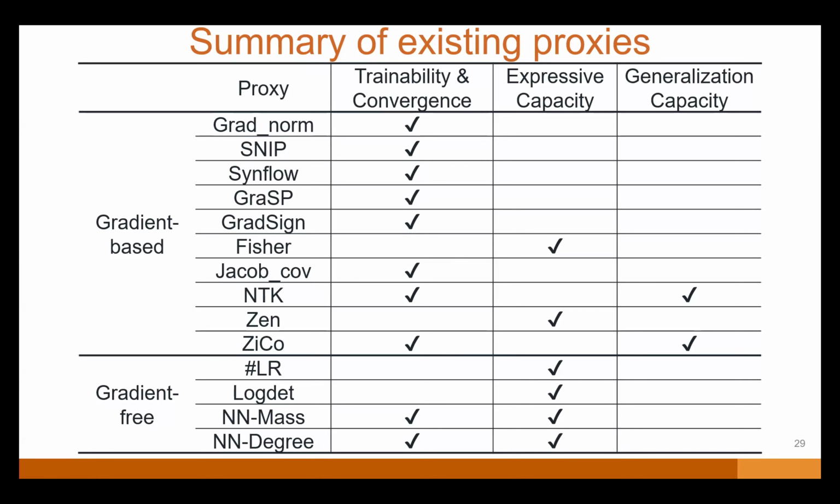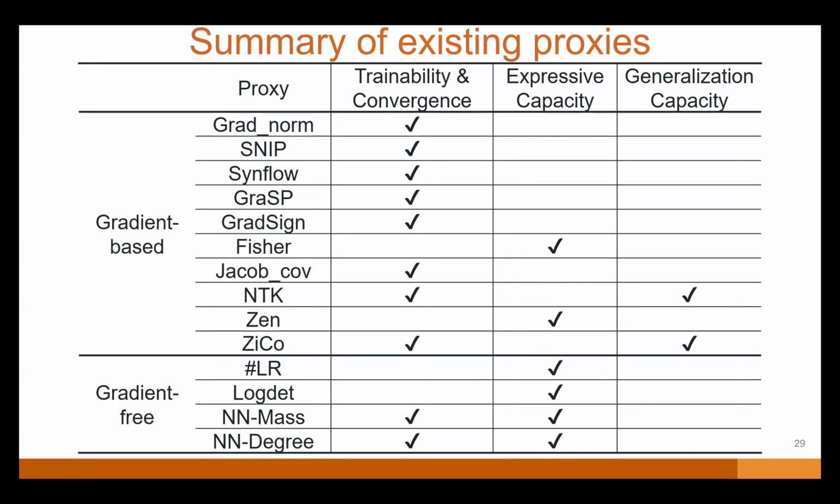Another observation, even in this class alone, is that the vast majority of the approaches focus on trainability. Very few focus on expressivity or generalization capability, so the ability to work with unseen data or out-of-distribution data, just two. All of the others are doomed to fail from the get-go.